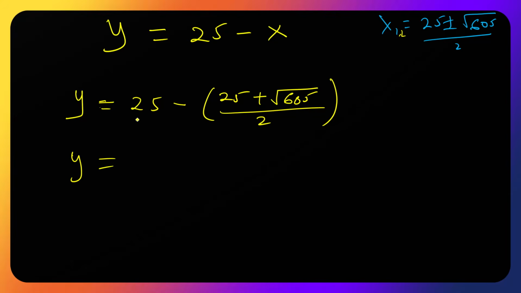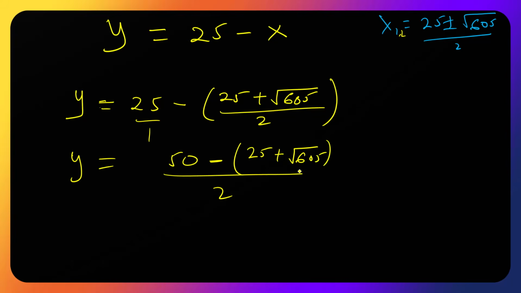So let's make this side over 1 and find the LCM. 2 times 25 is 50, minus 25 plus the square root of 605. So that will be 50 minus 25 minus the square root of 605 on 2.